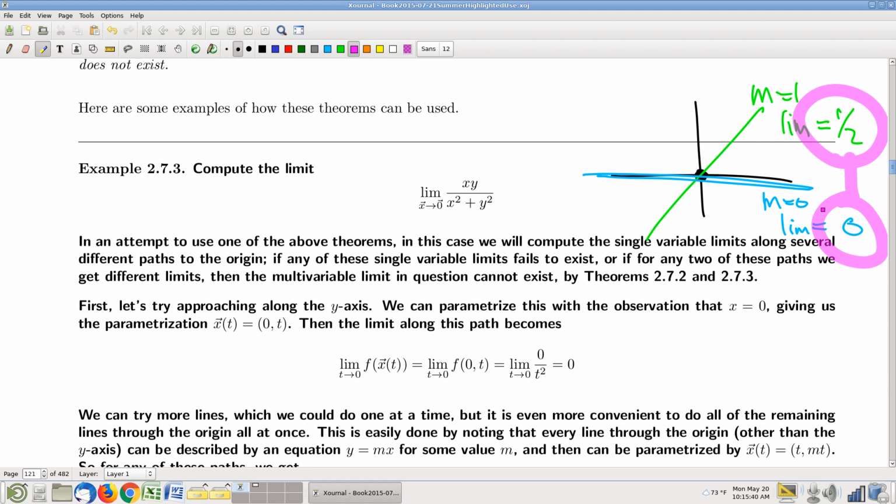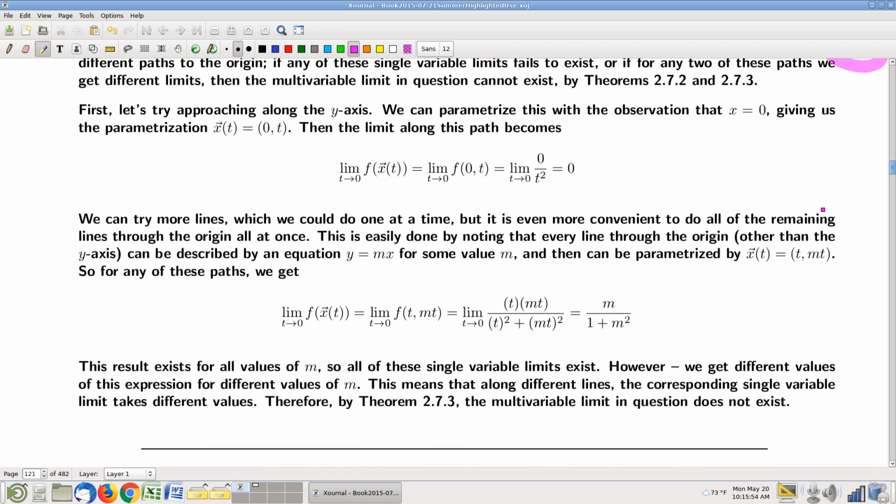Okay, by the way, quick observation. Notice that means this first calculation here was kind of a waste of time in some sense. I mean, we went to almost as much trouble to compute along a single line as we did computing along infinitely many lines that allowed us to effortlessly find the contradiction we're looking for. So most of the time, I would say start with infinitely many lines and hope that works out better for you.